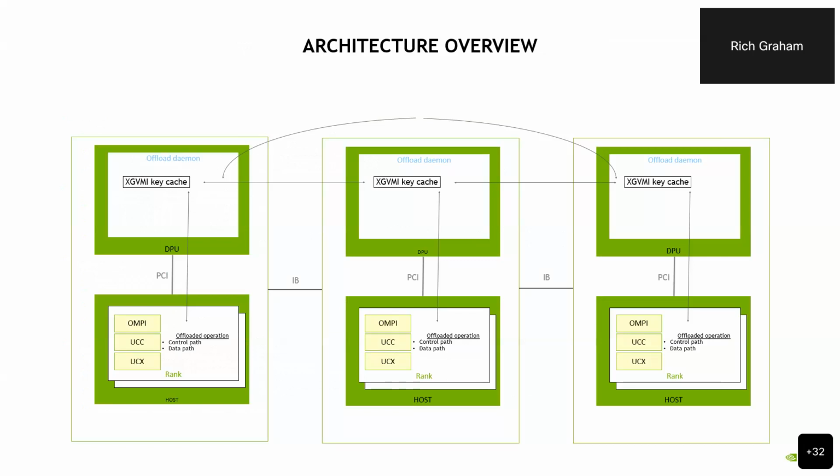For each host, we have a corresponding support on the DPU side that is offloaded. Today it's offloaded to the daemon, but that may actually change here in the future.